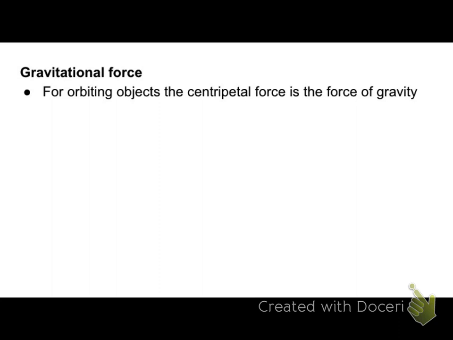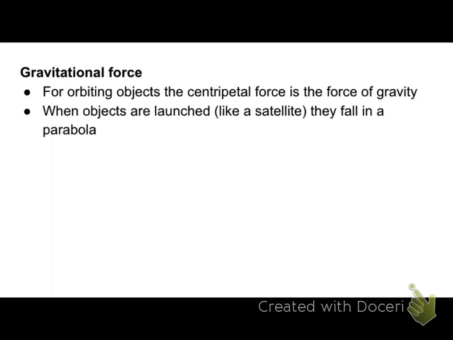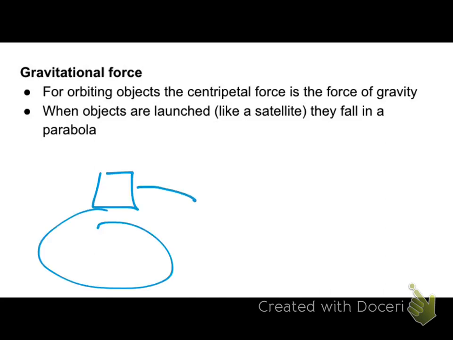It was actually Isaac Newton who first came up with it. He used this idea that launching an object causes it to fall in a parabola. So you have your object on the surface of the Earth, you launch it, and it falls in a parabola. We've seen what that looks like.